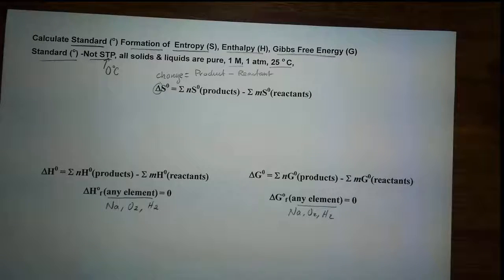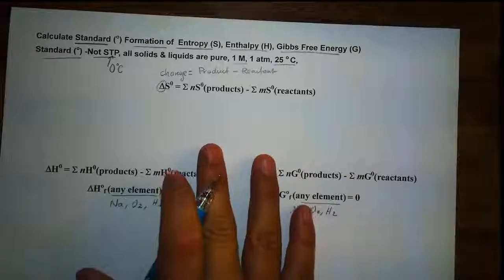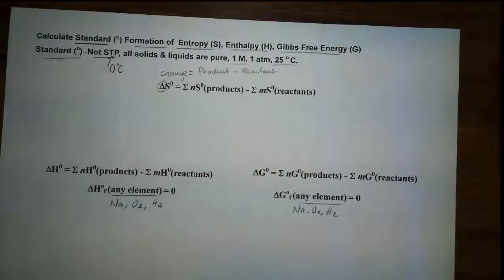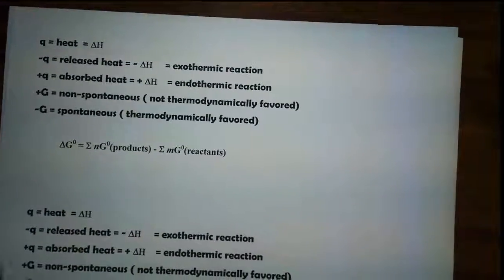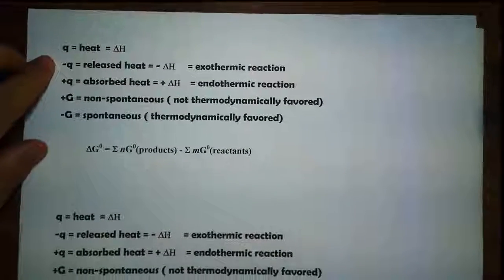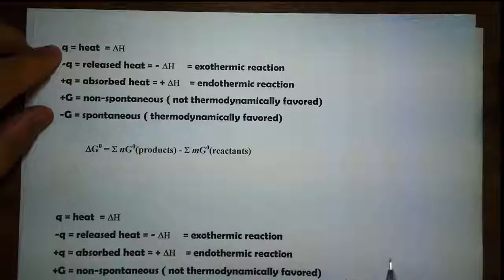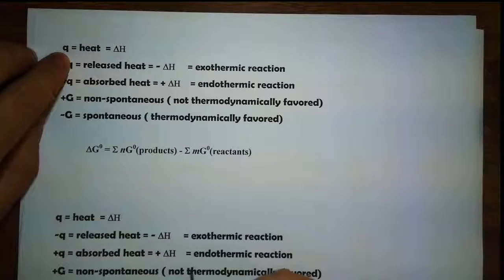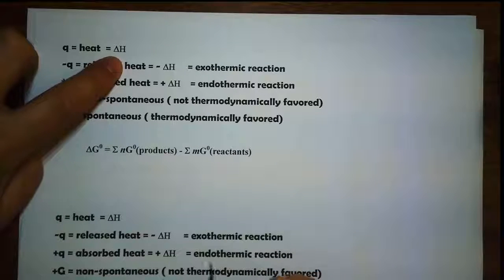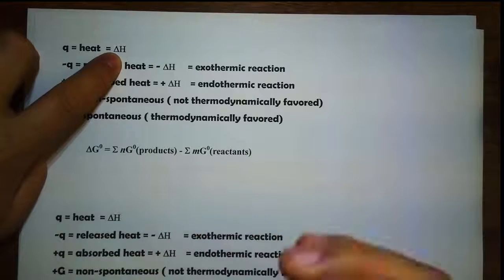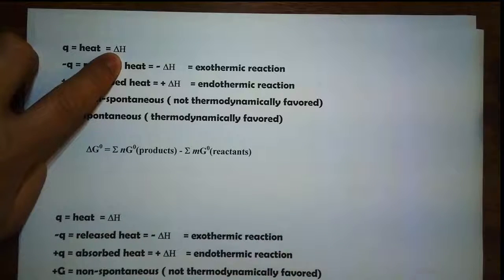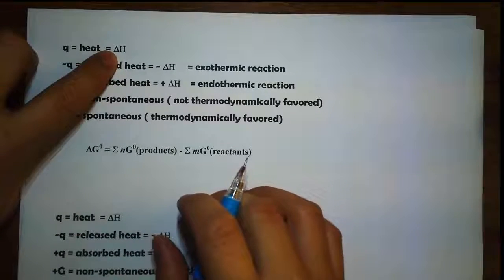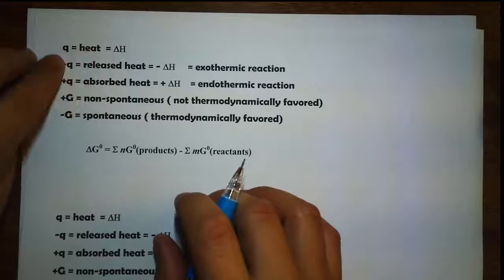But before we try to solve one of these problems, we need to realize how this is related to heat. First of all, heat is represented by Q, right? And we learned that Q equals heat and is also equal to delta H, which is the enthalpy, the content in the system. And delta H means the change in the content of the system.